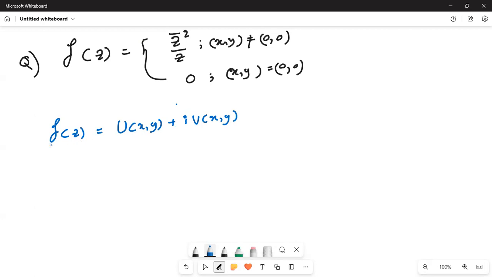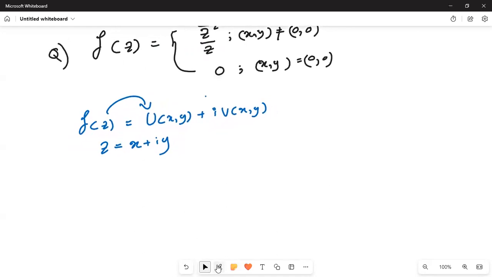So this is a complex variable function, and on the right hand side we have two real valued functions of real variables. This we call the real part of f, and this is the imaginary part of f. In order to transform f into this form, we need to replace z by x plus iy. So that's what we are gonna do.